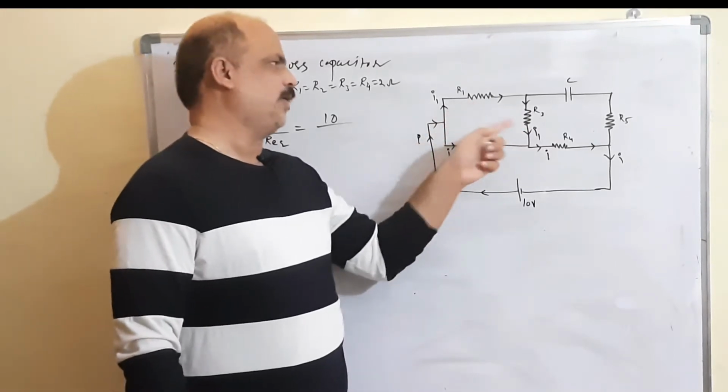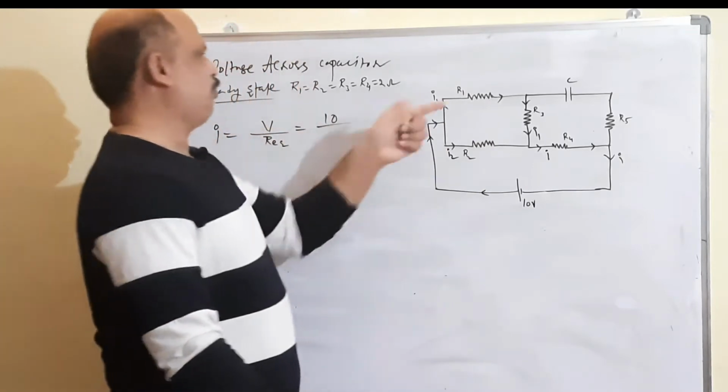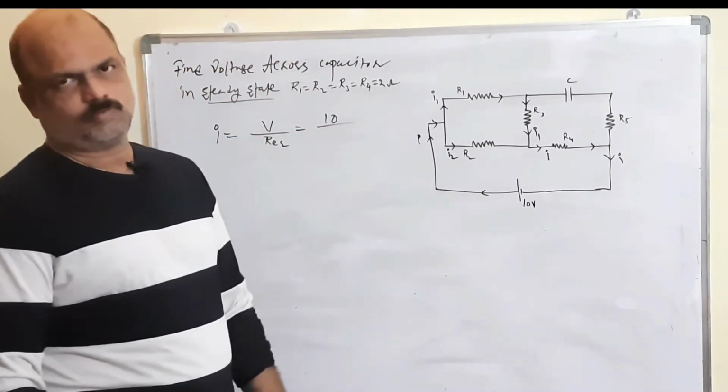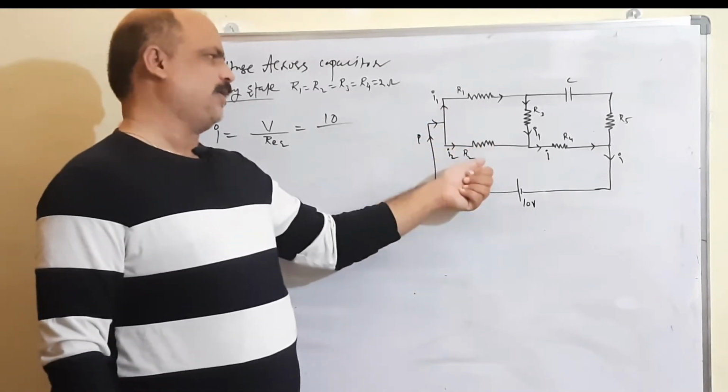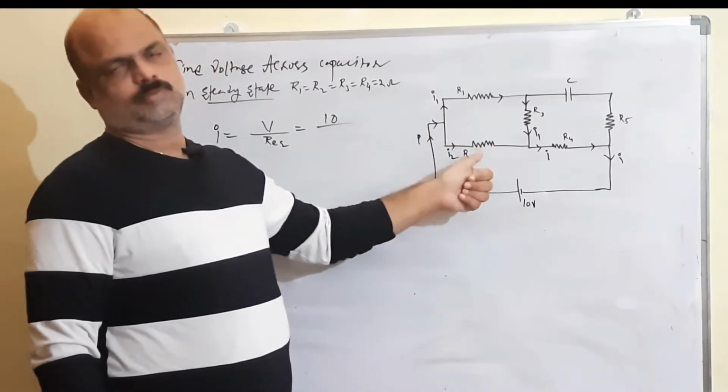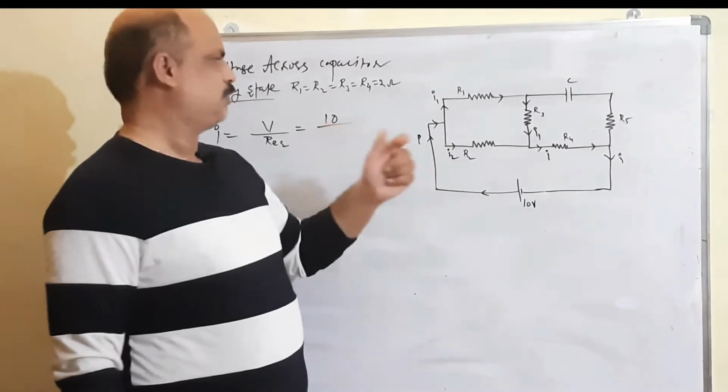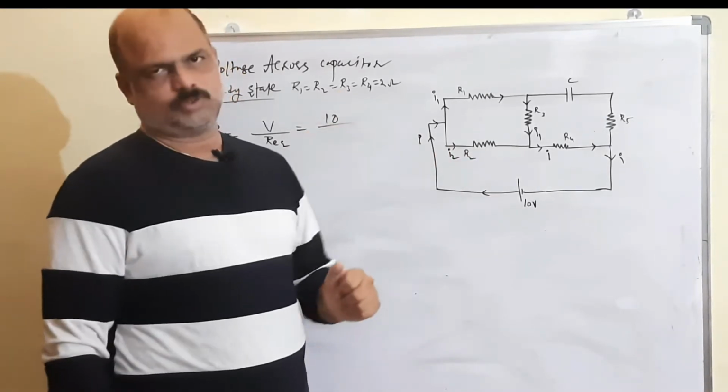Now total resistance means here same current is passing through R1 and R3. So R1 and R3 are in series: 2 plus 2, 4. And that 4 ohms is parallel to this R2. What is the value of R2 here? 2 ohms.